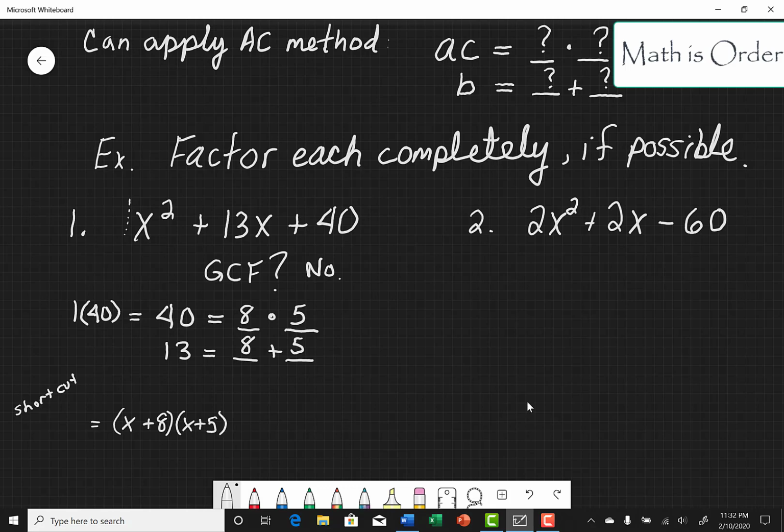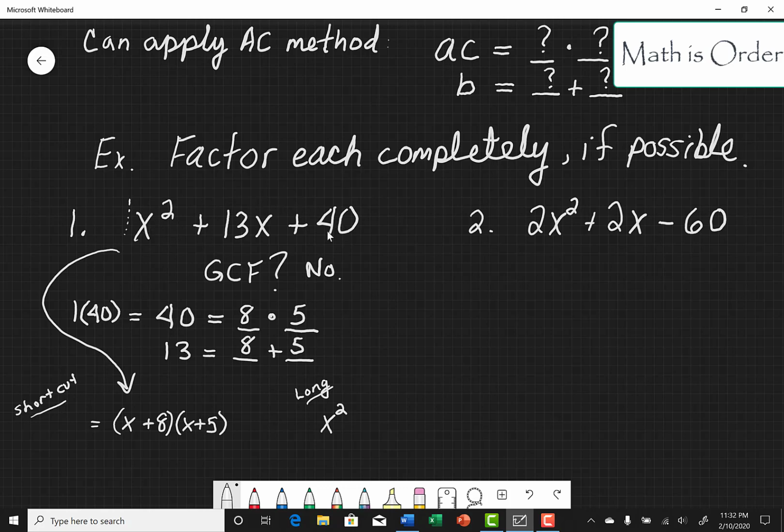So this trinomial factors and becomes this here using the shortcut approach. Now, if we use the long approach, we would rewrite the first term, this is what I'm calling the first term.